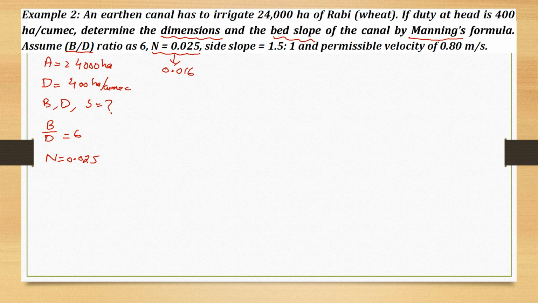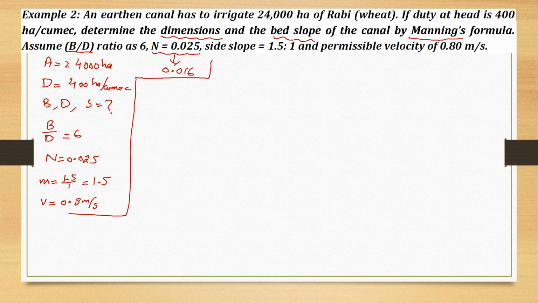Now it is given in the question, so we will use this value. The side slope is given as 1.5 to 1, so it is simply 1.5. And the permissible velocity is 0.8 meters per second, that is V equals 0.8 meters per second. So we also have five values in this case, but here we have a little bit of a turnaround.